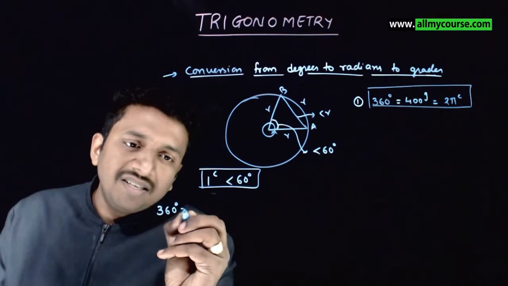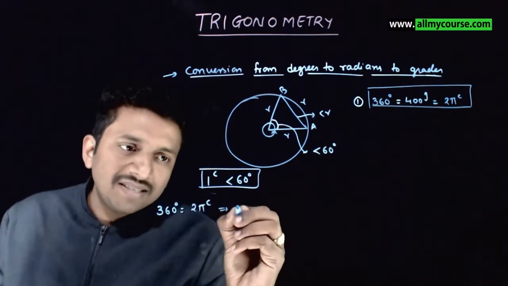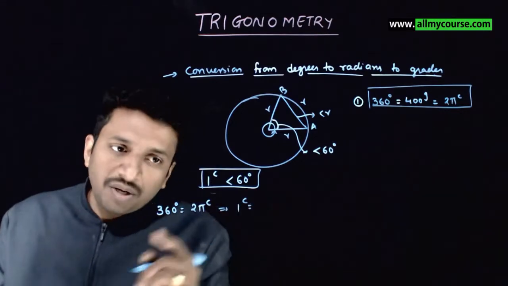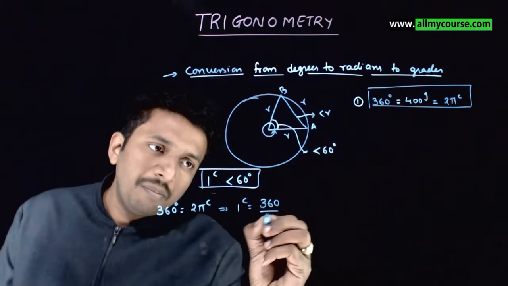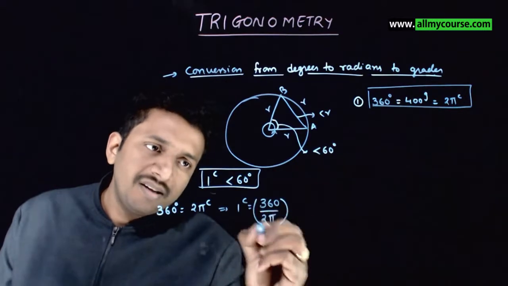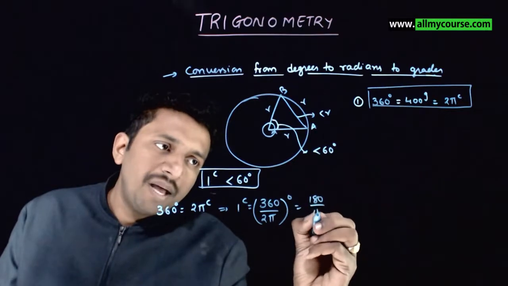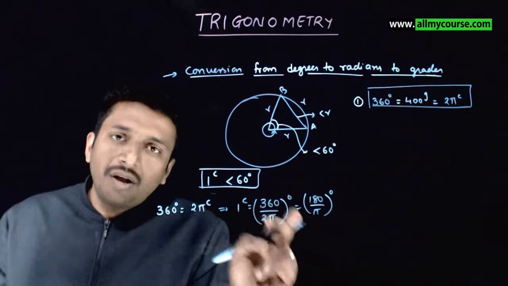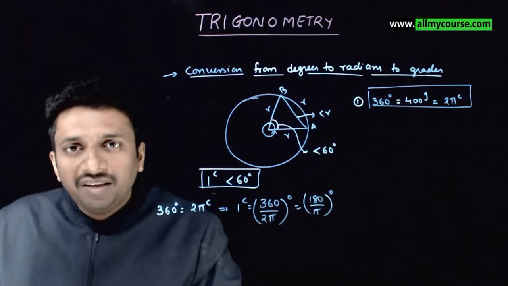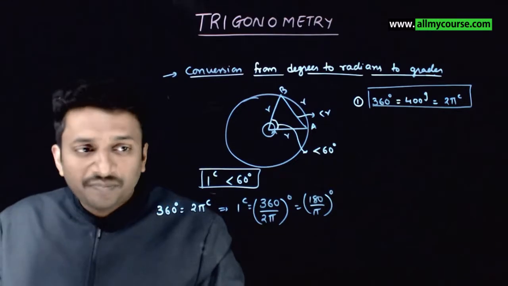360 degrees is equal to 2 pi radians. This implies 1 radian is equal to 360 by 2 pi degrees, right? That is nothing but 180 by pi degrees. So in the place of 1 radian, you can always write 180 by pi degrees.